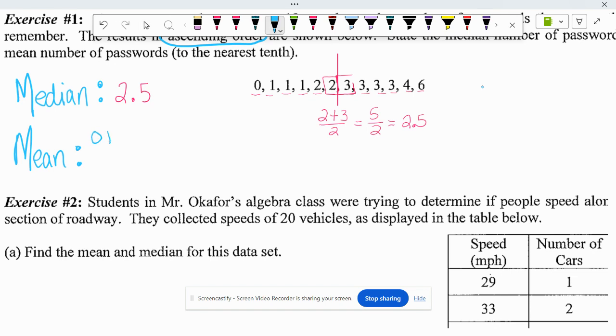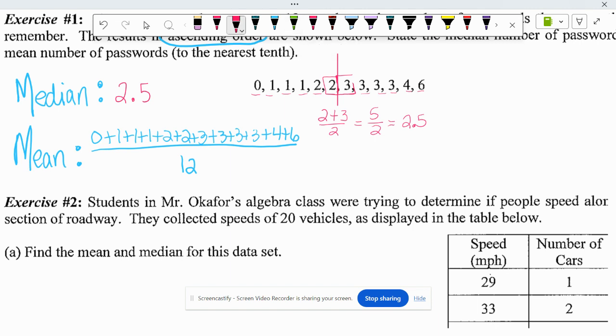So 0 plus 1 plus 1 plus 1 plus 2 plus 2 plus 3 plus 3 plus 3 plus 3 plus 4 plus 6 and divide by, how many numbers did I add up? I'm adding up 12. So let's see.